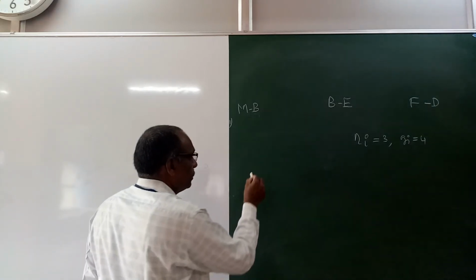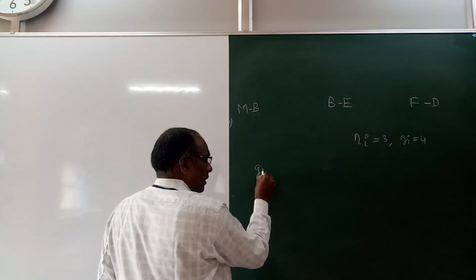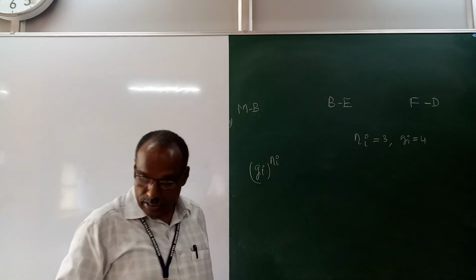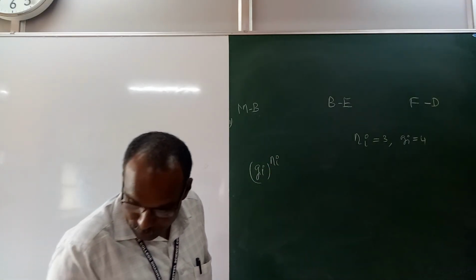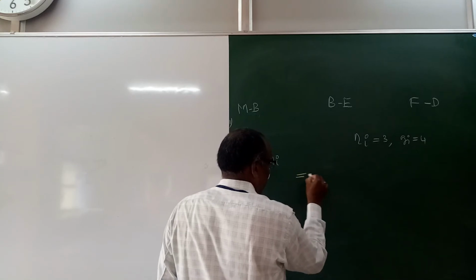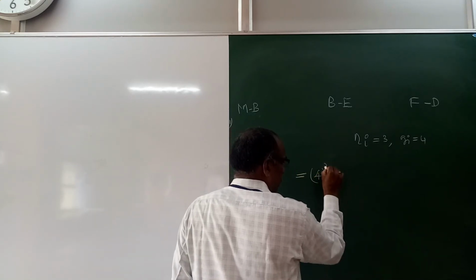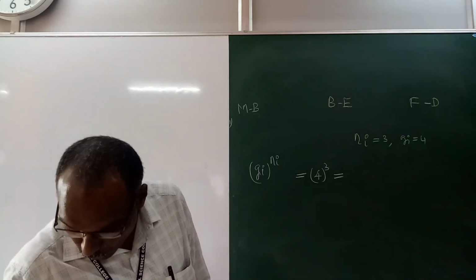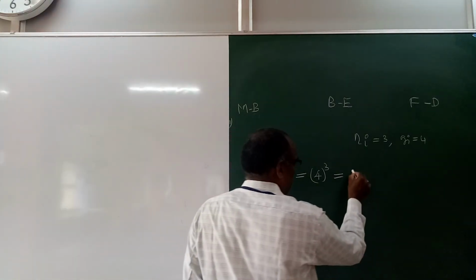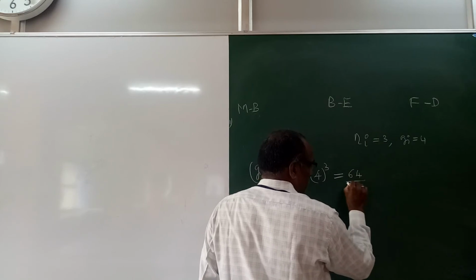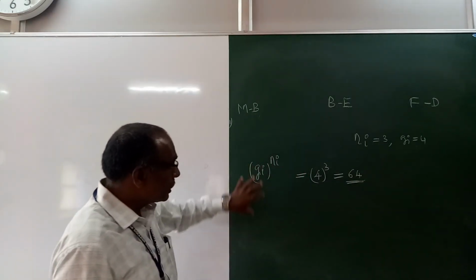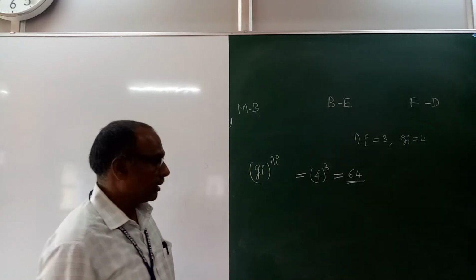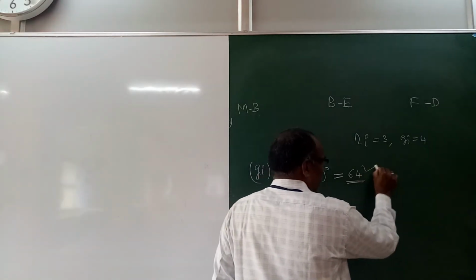That is equal to Gi raised to Ni. Simple. Gi is 4, 4 raised to 3. So this is 4 into 4 into 4, that is 64. In 64 ways these 3 particles can be distributed in 4 cells. The number of ways is 64.